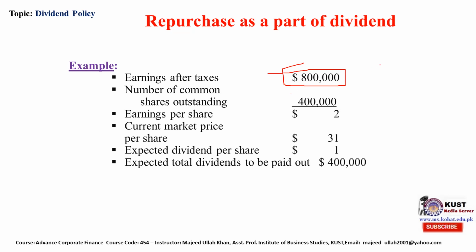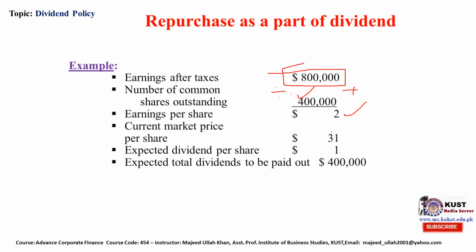Earning per share is earning after taxes divided by number of shares: 800,000 divided by 400,000 is equal to 2. This is earning per share. EPS is equal to earning available to shareholders divided by number of outstanding shares, our net income divided by outstanding shares.